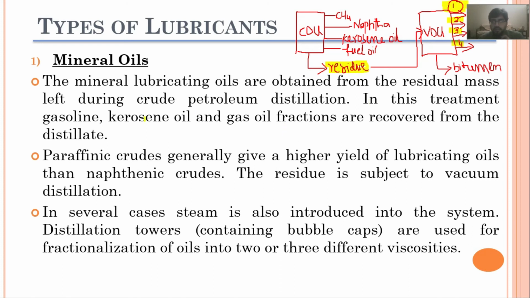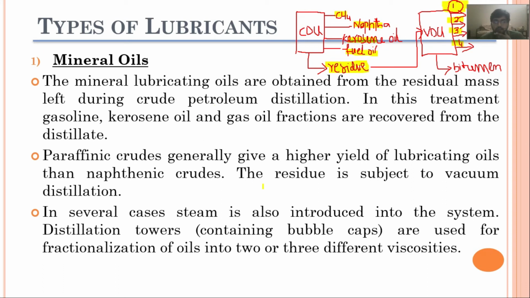In this treatment, gasoline, kerosene oil and gas oil fractions are recovered from the distillate. We obtain naphtha, kerosene oils and fuel oil. We will get different grades of fuel products.